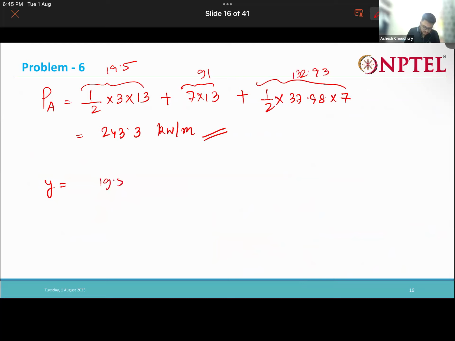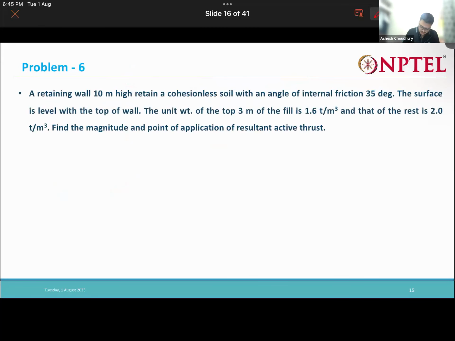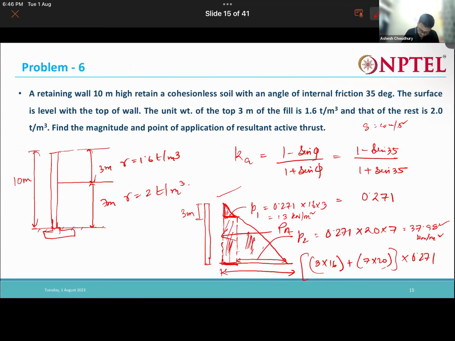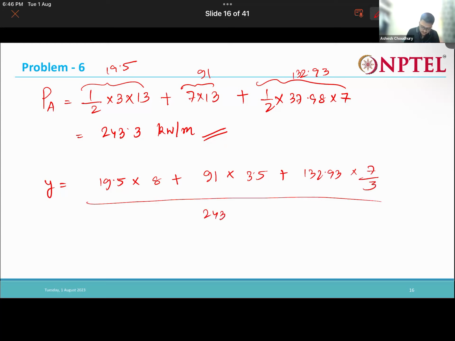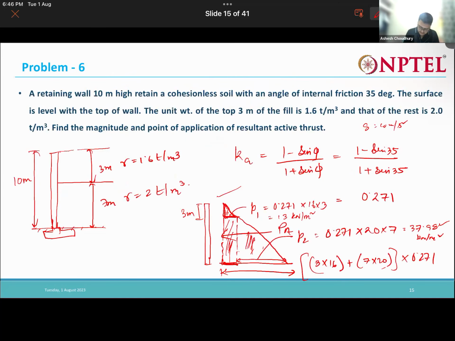So 19.5 into 8, that is 1 meter from the bottom, plus 91 into 7 by 2, which is 3.5, plus 132.93 into 7 by 3, divided by 243.3, gives 3.22 meter. So the point of application of PA is 3.22 meter from the bottom.